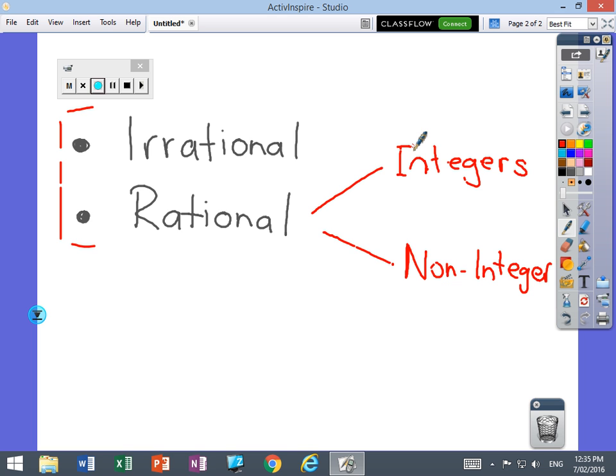So we're just going to have a little bit of a look at how to define each of these terms on the board, and then we'll move on to some practice.